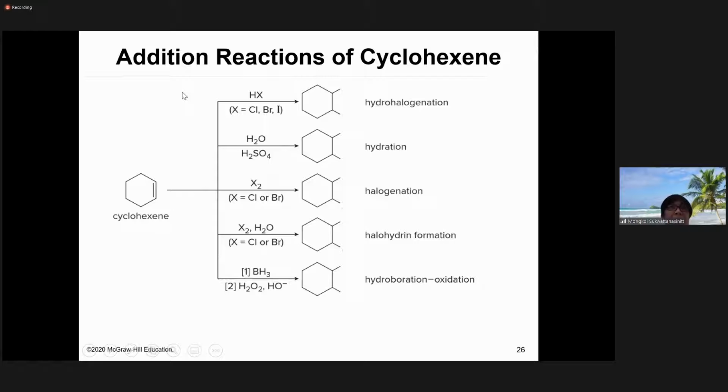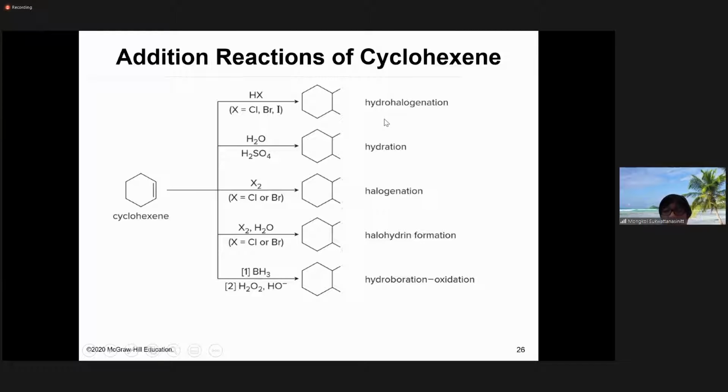Okay, that's one example of the addition reaction, which is also useful for the food industry. There are also several more addition reactions that we will learn. The first one is the addition of hydrogen halide, which we call hydrohalogenation.